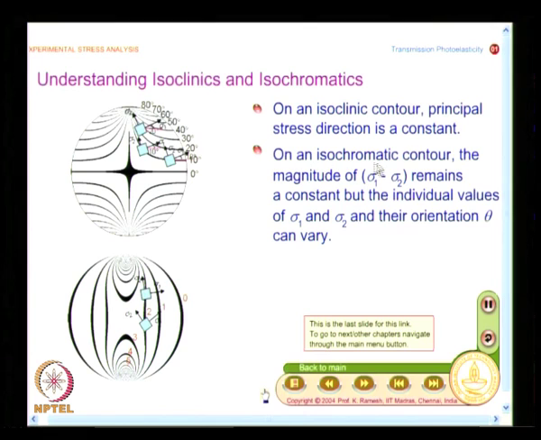On an isochromatic contour, the magnitude of sigma 1 minus sigma 2 remains a constant, but the individual values of sigma 1 and sigma 2 and their orientation theta can vary. So, we have exhaustively looked at, from a qualitative argument, what are isochromatics and isoclinics.